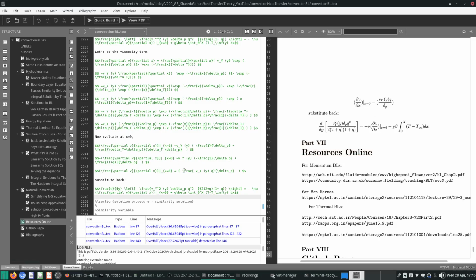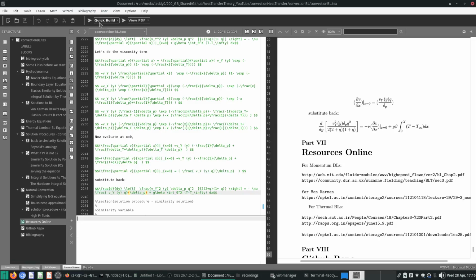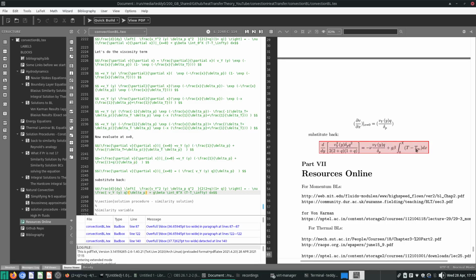This term will just go in here, into the second one. And of course the third one will be how we differentiate or integrate the temperature profile.